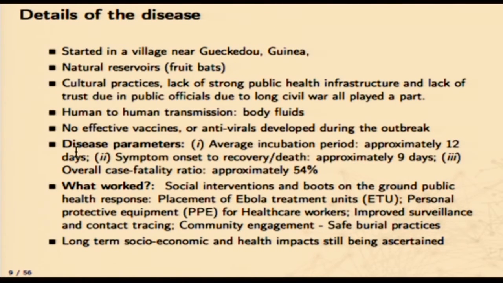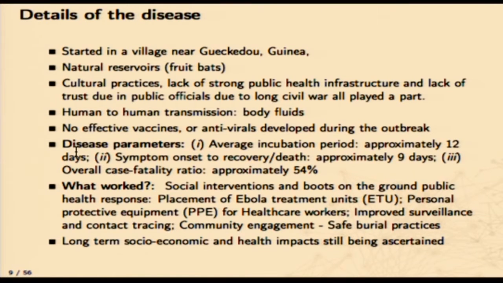So I'll just say a few words about the particular Ebola outbreak, and then we'll move on to the more mathematical models. It started in Guinea, and it spread because of bats, and the transmission was due to bodily fluids. So if you come in contact with the bodily fluids from some infected person, that would very likely cause an infection. And the spread was exacerbated by cultural practices.